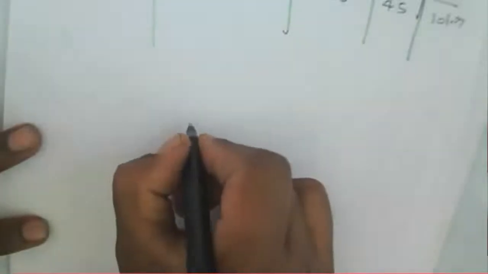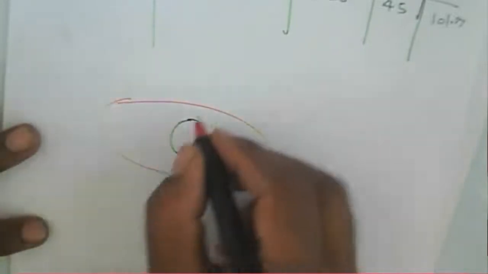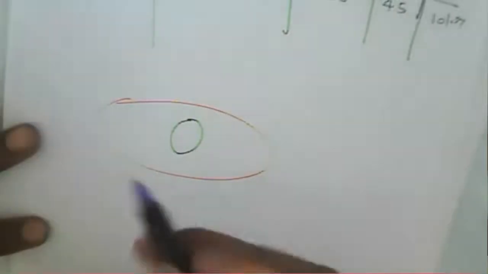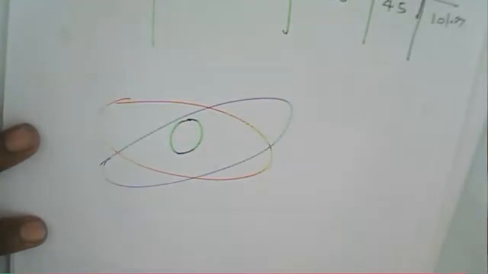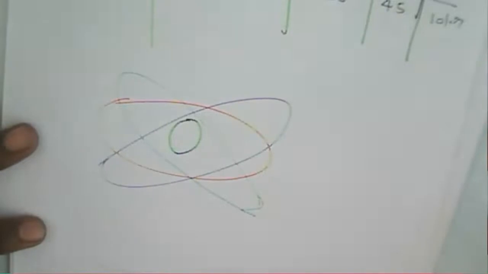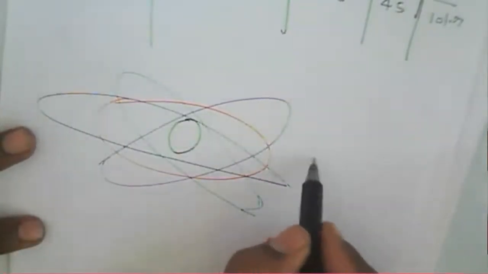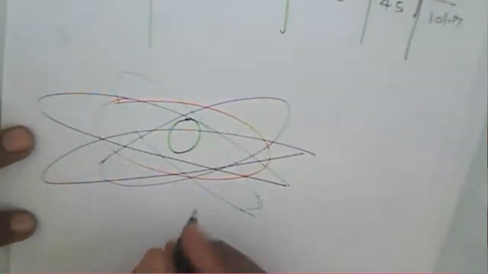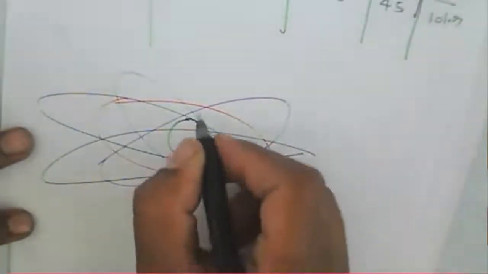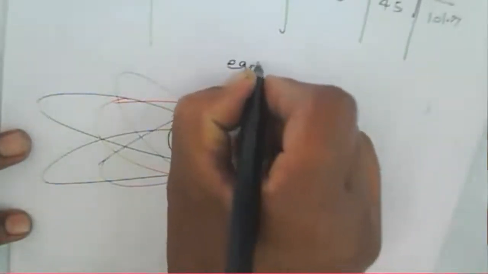Now these are the various orbits. For example, take the Iridium system. In the Iridium system, they have one orbit, another orbit, likewise here, the third orbit, fifth orbit, sixth orbit.